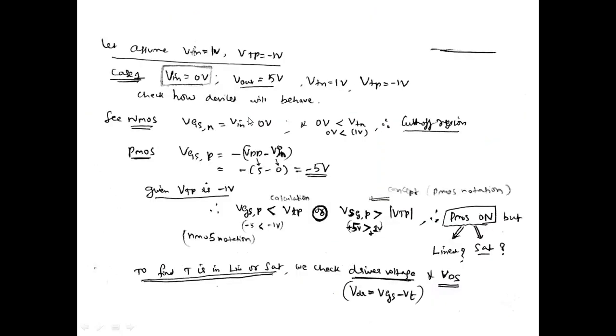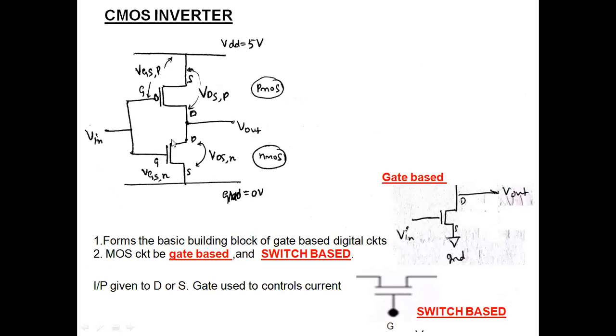If Vin is equal to 0 volts, then what we expect is Vout equal to 5 volts. Considering VTN equal to 1 volt and VTP equal to minus 1 volt for these NMOS and PMOS devices, let us check how they behave. For the NMOS pull-down device, the input voltage is VGSN and the output voltage is VDS.